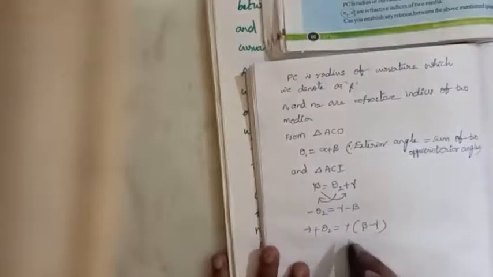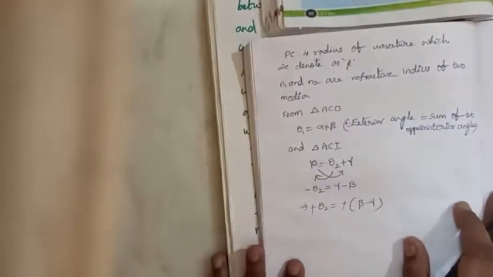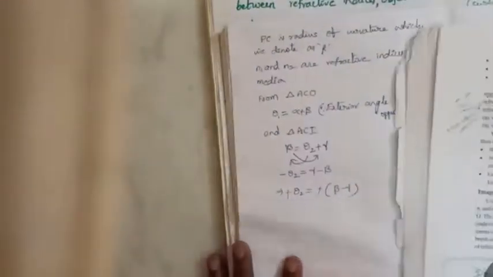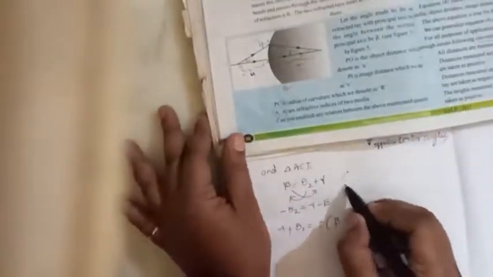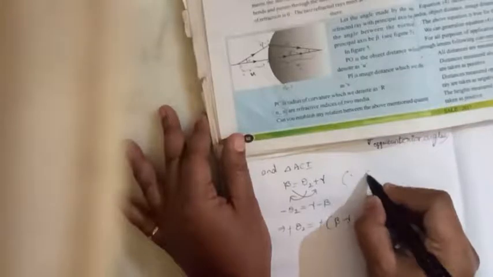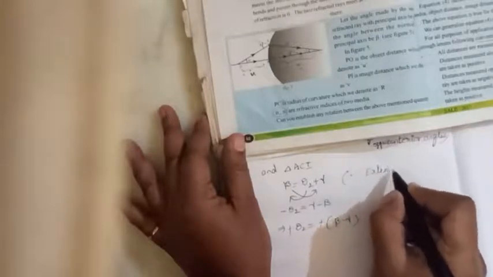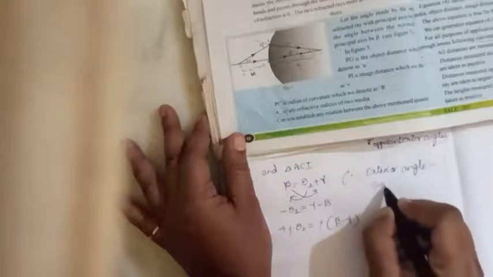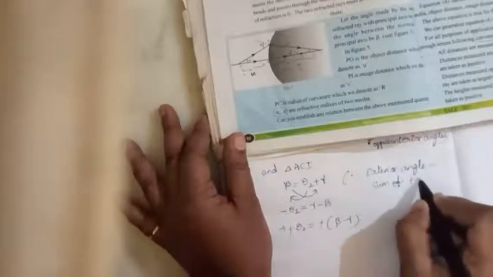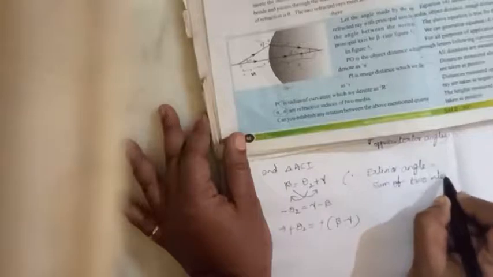You got it, children? I think you got it. So here I am using this diagram, children, you need to observe this diagram also. The diagram is most important. Here also, since the exterior angle is equal to the sum of two interior angles.